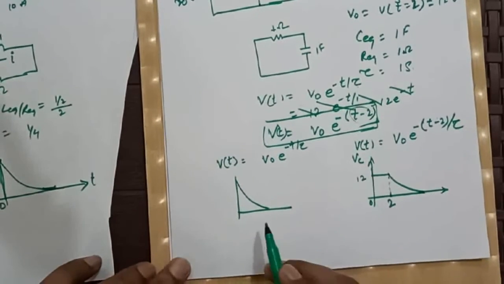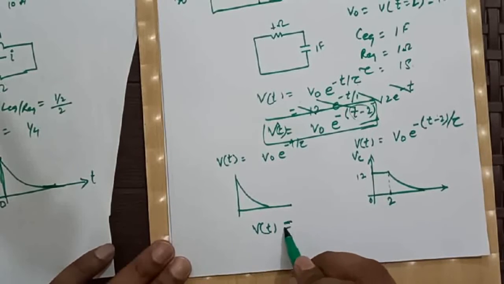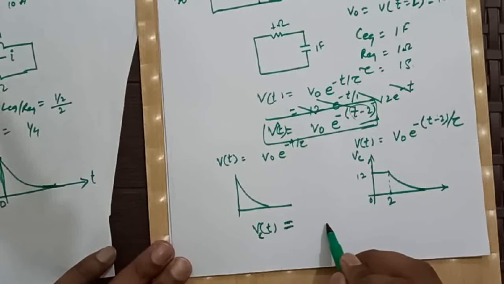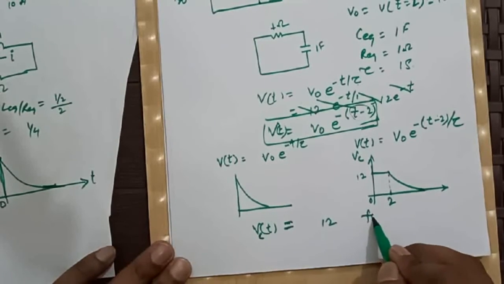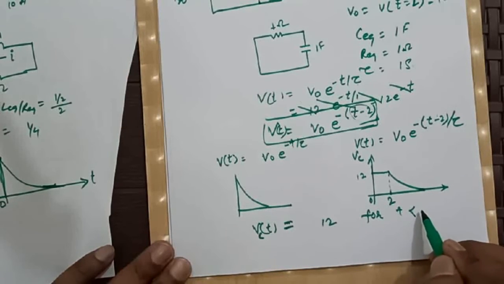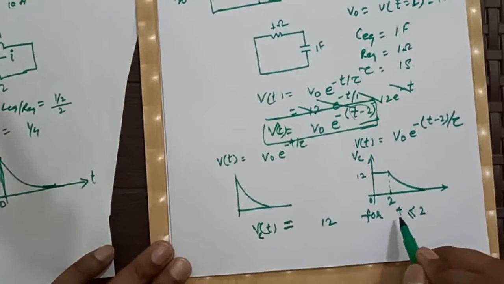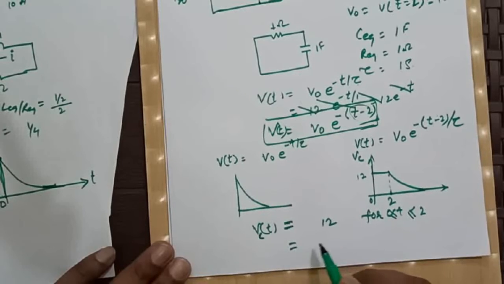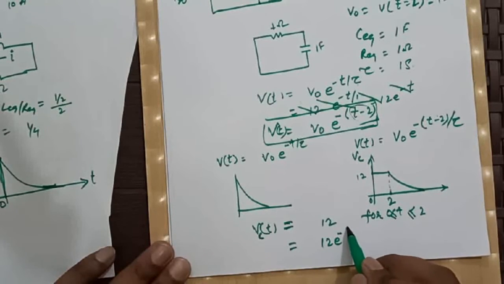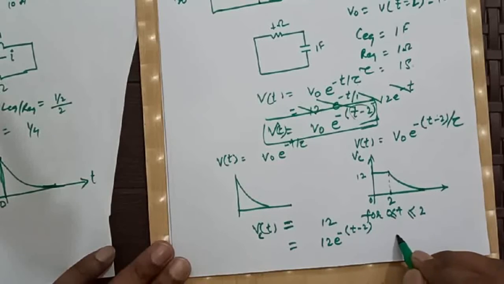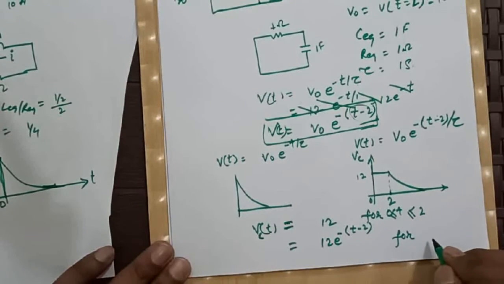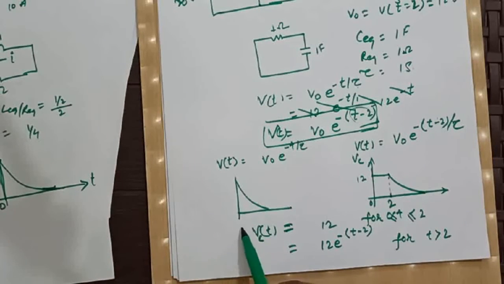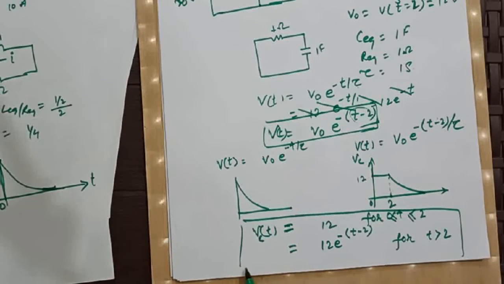Now if we try to write the complete expression, Vc as a function of t will be 12 volt for t less than or equal to 2, let us say from 0 to 2 seconds, and it is 12 e to the power minus (t minus 2) for t greater than or equal to 2, right? This is the complete expression for voltage.